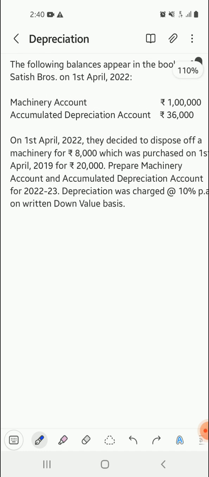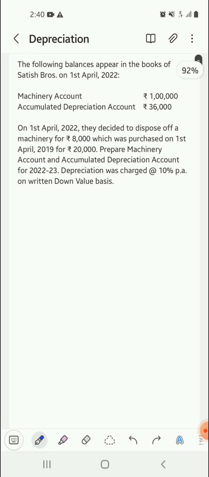So the first thing we have to do: it's given that on 1st April 2022 the machinery account was 1 lakh and the accumulated depreciation is 36,000. Now on 1st April 2022, they decided to dispose, that is sell off, the machinery for 8,000, which was purchased on 1st April 2019 for 20,000.